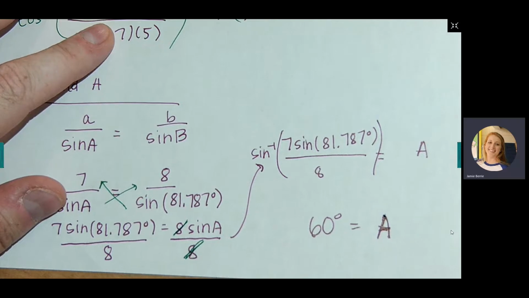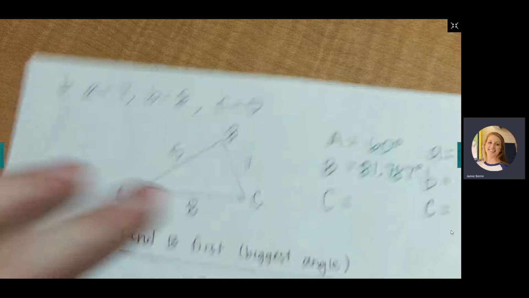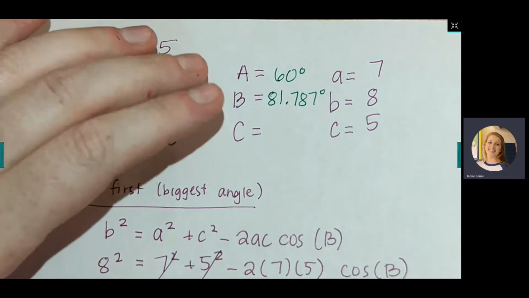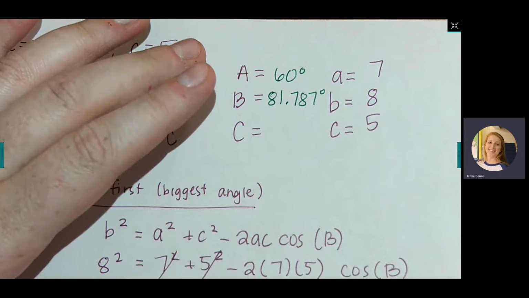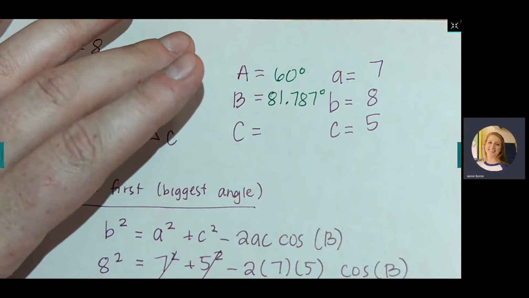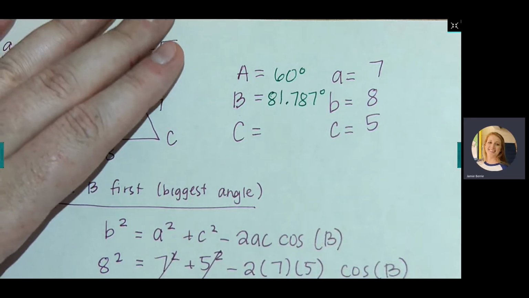All right, so go ahead back up to your table, fill that in, and always remember, the last angle is super easy to find. You just take 180, subtract off those two angles that you know. So do I get 38.213?